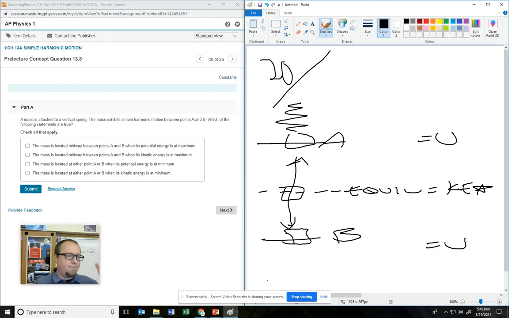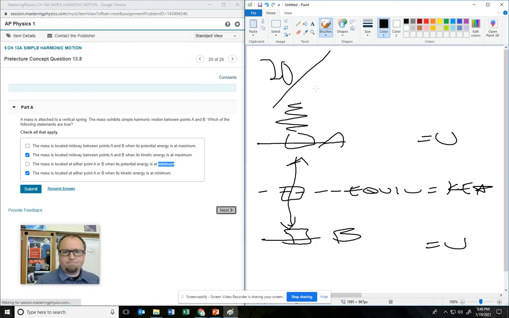Okay, so we're going to use that. The mass is located midway between points A and B when its potential energy is at a maximum? No! It is located midway between A and B when its kinetic energy is a maximum. True. It is at A or B when its potential energy is at a minimum? No, when it's a maximum. The mass is located at A or B when its kinetic energy is a minimum. True. It's going really slow at the edges.